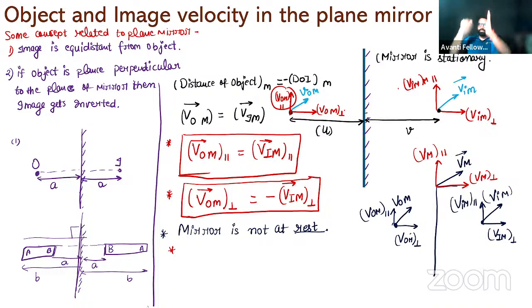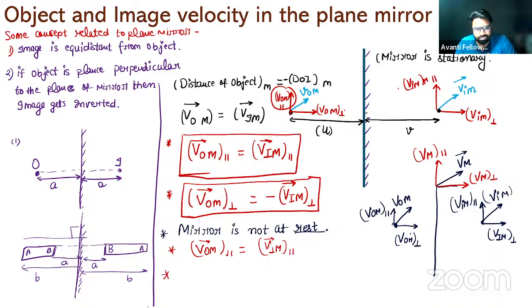Object is also moving with respect to mirror, and mirror is moving like this, so image will also move in this way. So there is no addition in that. So this concept, that velocity of object with respect to mirror parallel equals velocity of image with respect to mirror parallel, is the same.